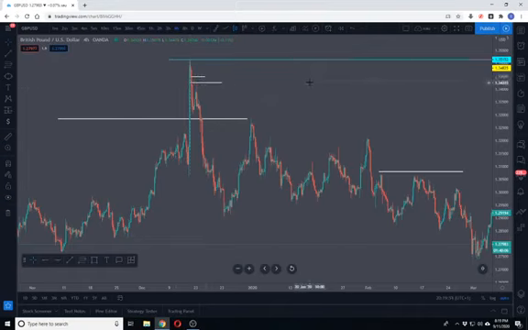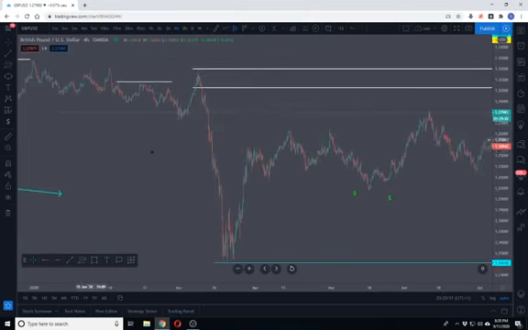Sometimes it'll just about come into the inefficiency and just turn around. So you want to set your alert just below that line, really, and then start waiting for lower time frame breaks of structure.